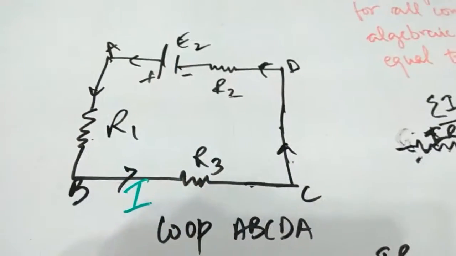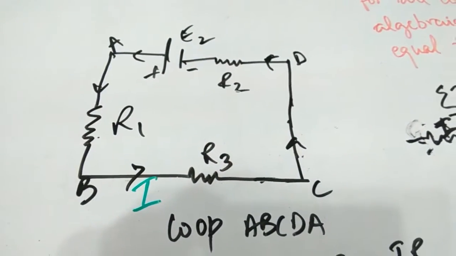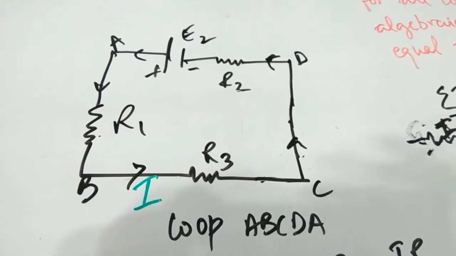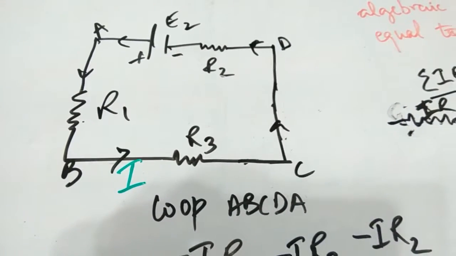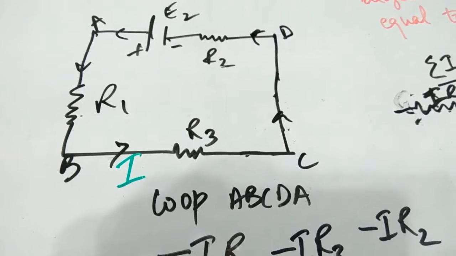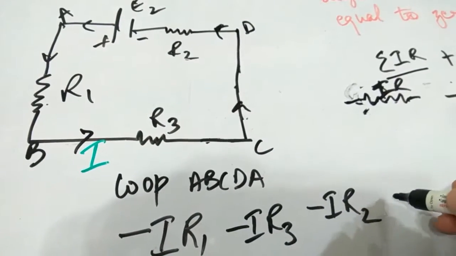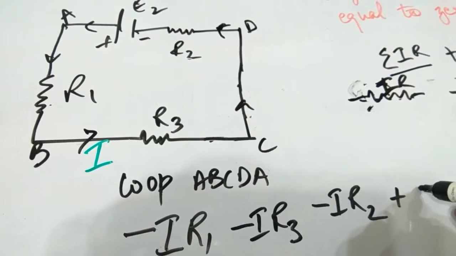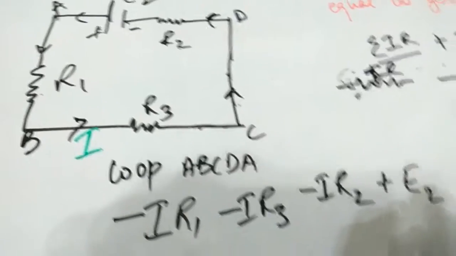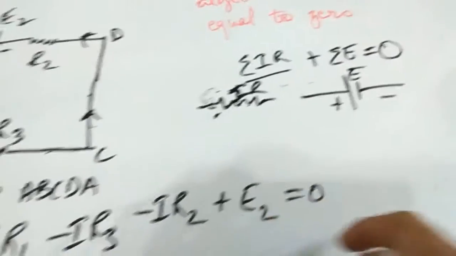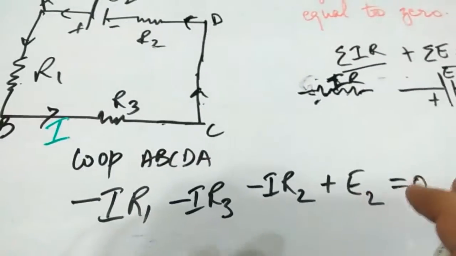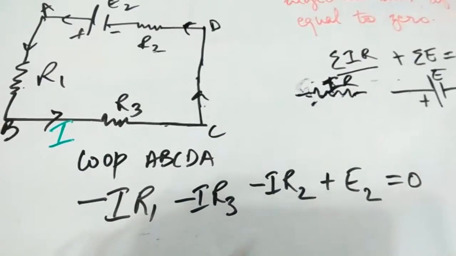As we cross the EMF from the negative side to the positive side, it should be taken as simply positive. So we write plus E2, and all this equal to 0.